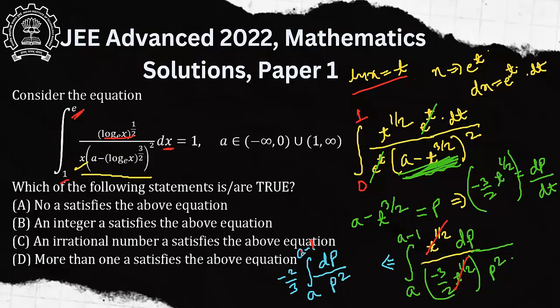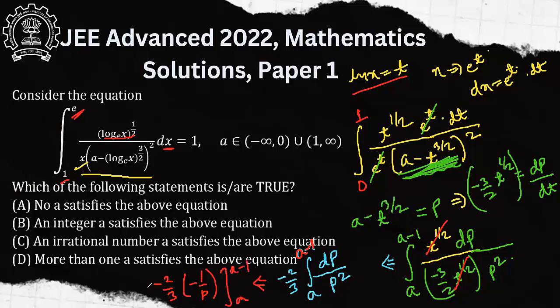A minus 1 is the upper limit there. Now this is a simple integration, dp upon p square. The integral of 1 upon p square is minus 1 by p. So this becomes minus 2 by 3 times minus 1 by p, with the limit from a to a minus 1.